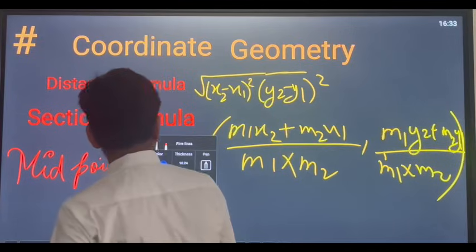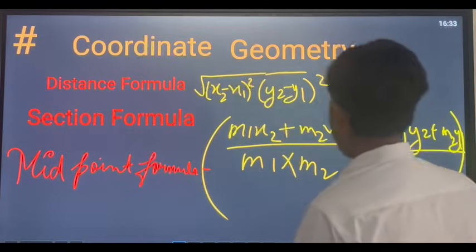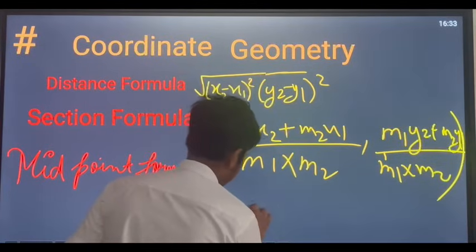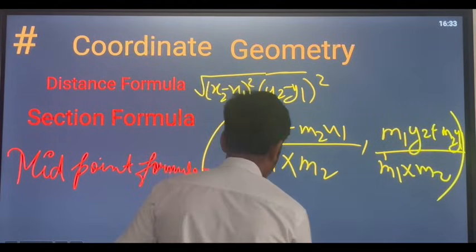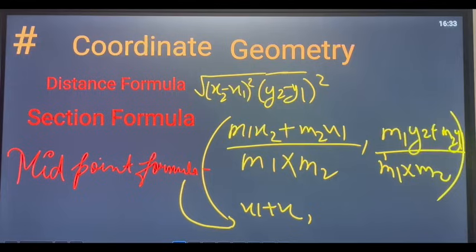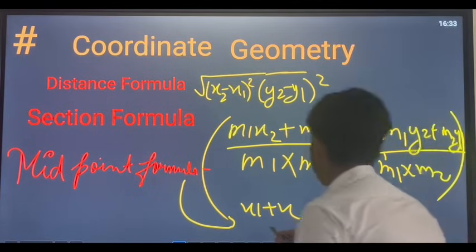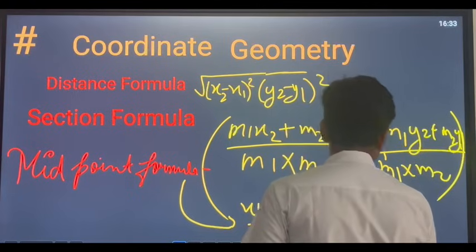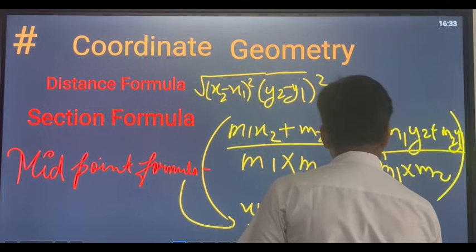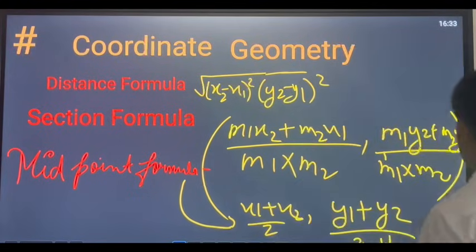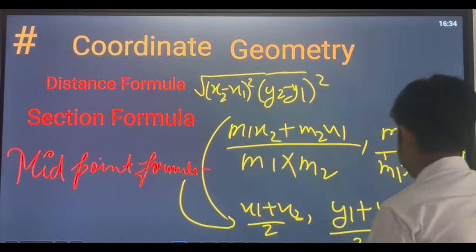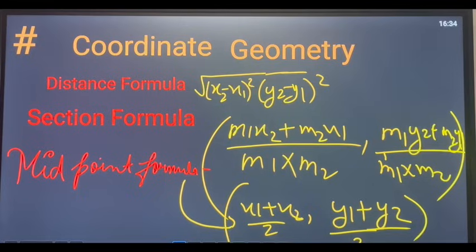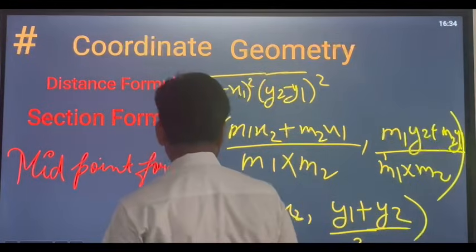The midpoint formula is (x1 plus x2) upon 2, and (y1 plus y2) upon 2.